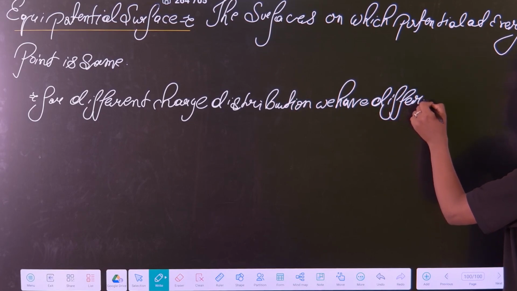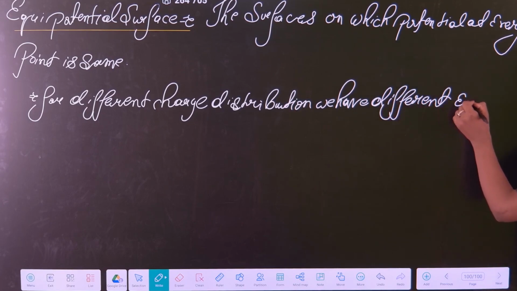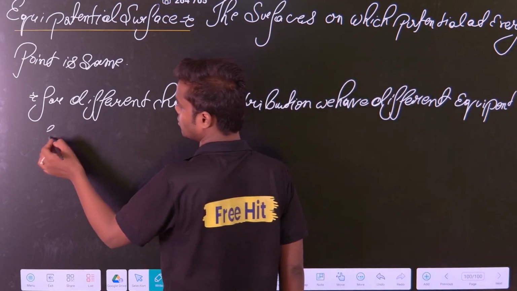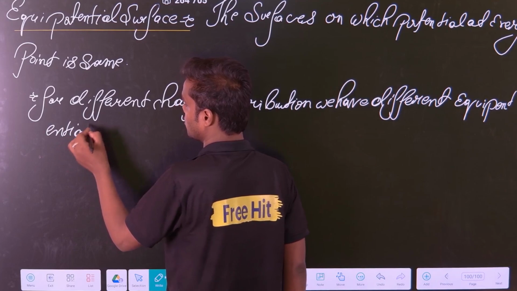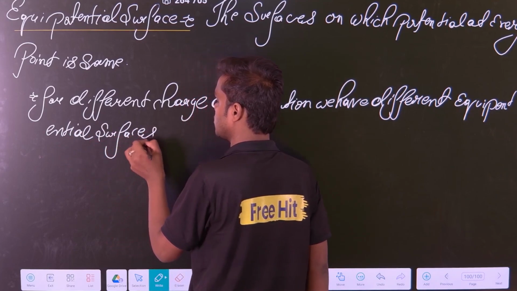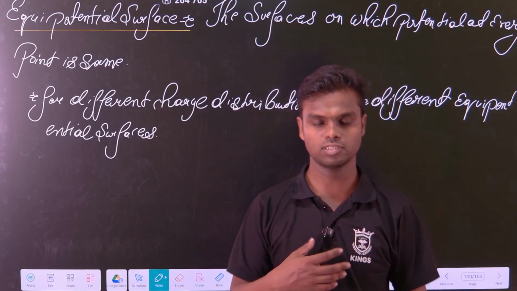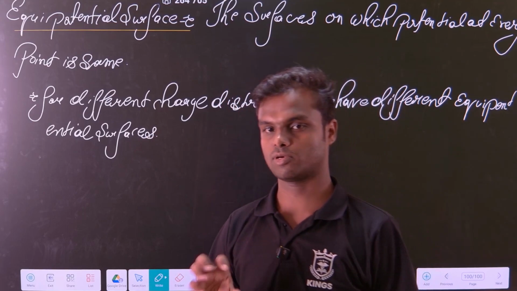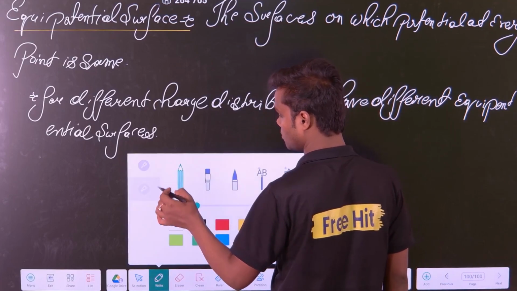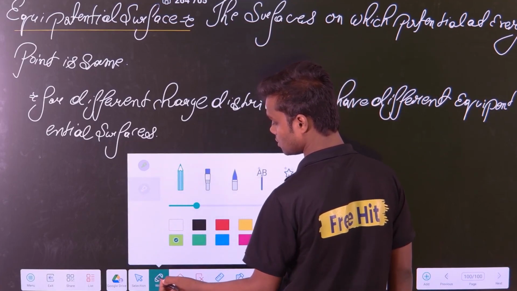We will see in some examples also different equipotential surfaces. That is the thing. Means for different charge distributions, we have different types of equipotential surfaces. Clear? Now let us see some of the examples on this.